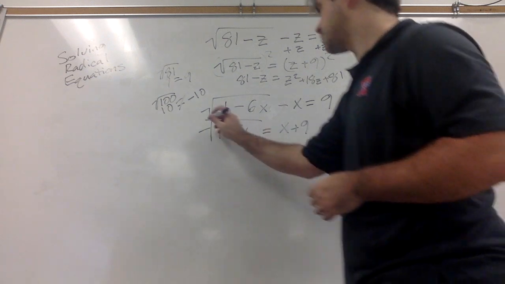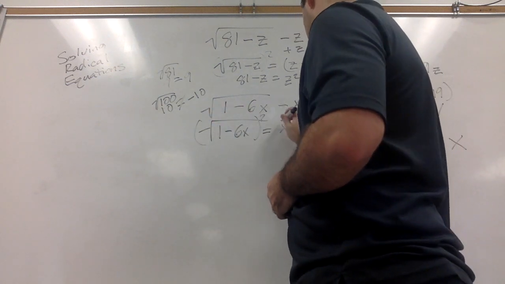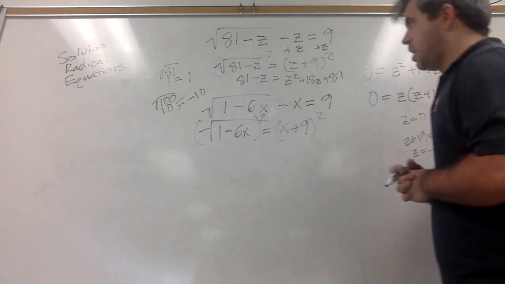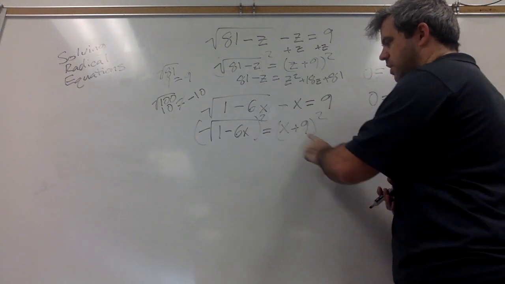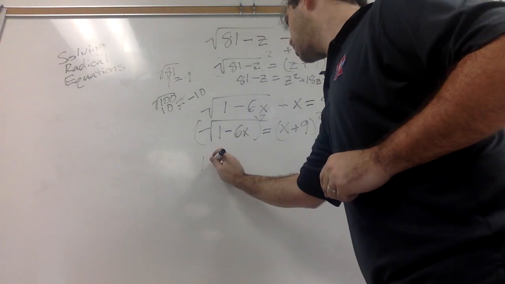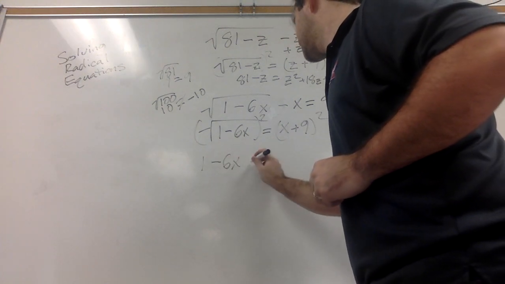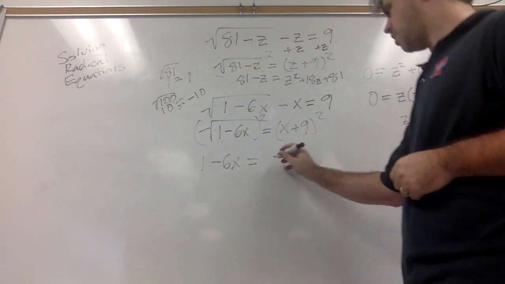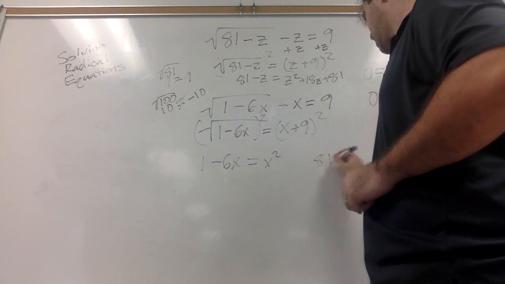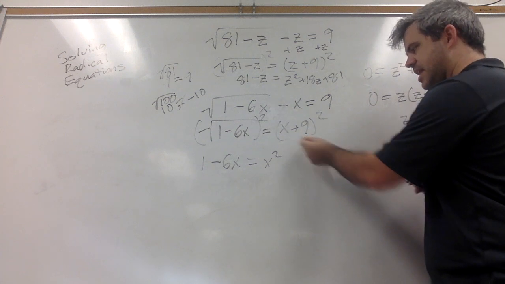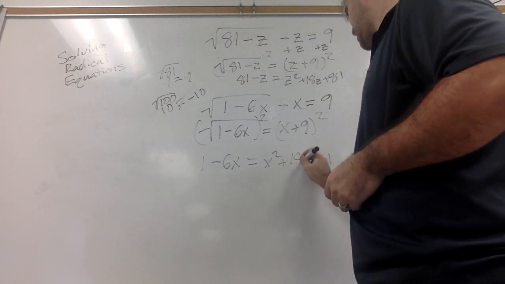Again, to undo this, I'm going to square both sides. All right, so square both sides. This is going to be 1 minus 6x. And then we're going to use our pattern here. Multiply these, we get 9x. Double it, we get 18x.